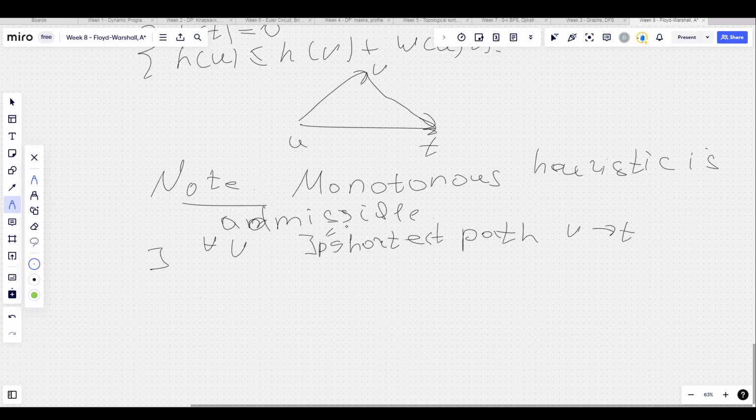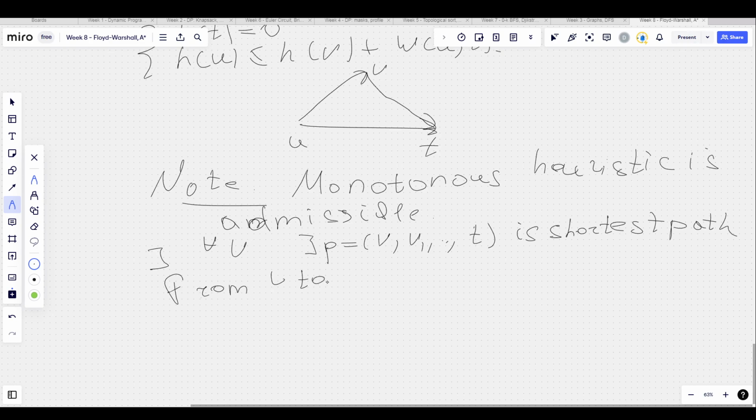So p equals v, v1 and so on, and t is the shortest path from v to t.